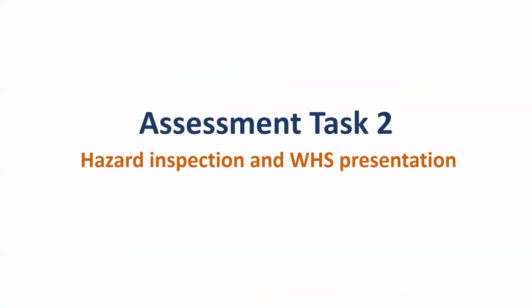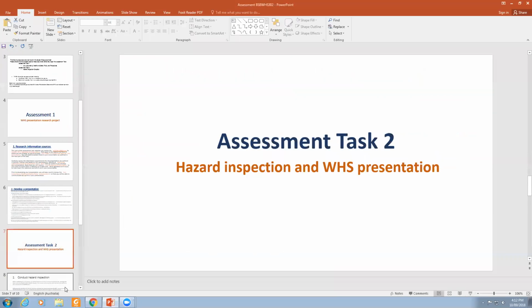Assessment 2, task 2. Hazard inspection and work health and safety presentation. As we discussed earlier, this is also going to be a presentation, same as assessment 1. But in this assessment, we need to download the hazard inspection report.